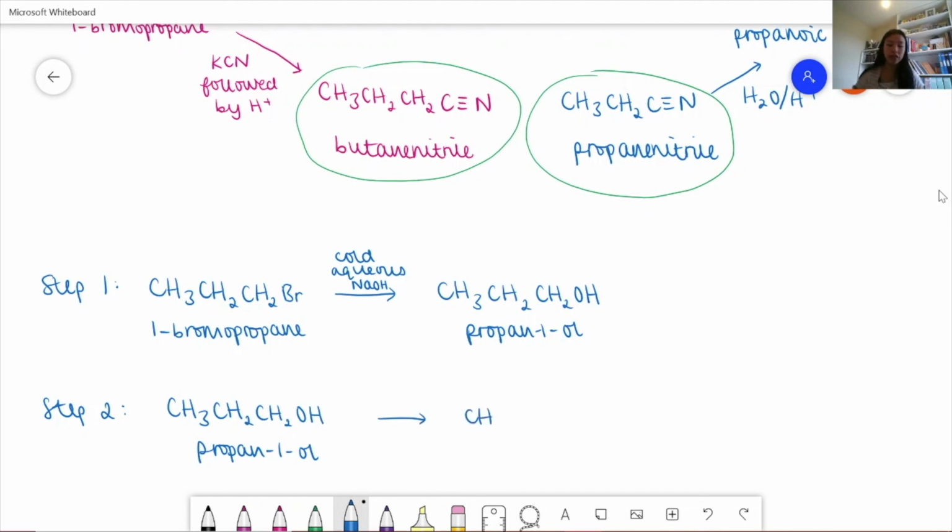So CH3, CH2, C double bond O, and then OH. So this is propanoic acid. And the way we do that is using oxidation. So we add potassium dichromate and a H+ catalyst, and this is a reflux.